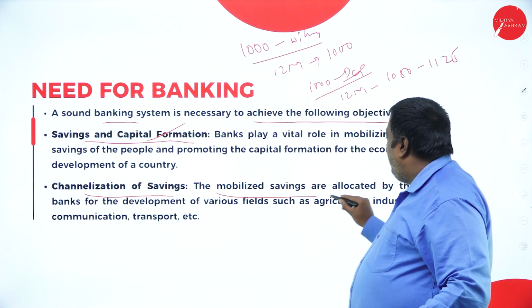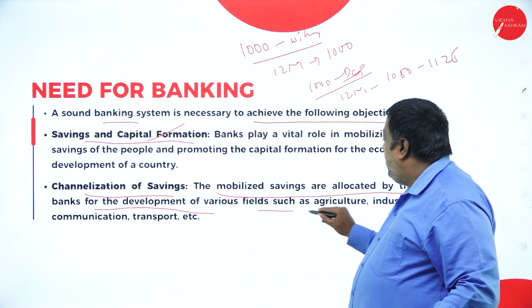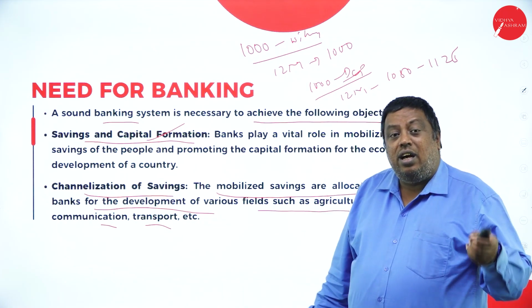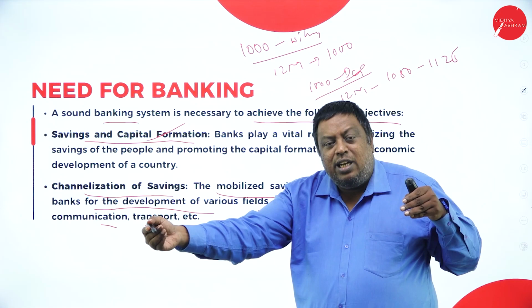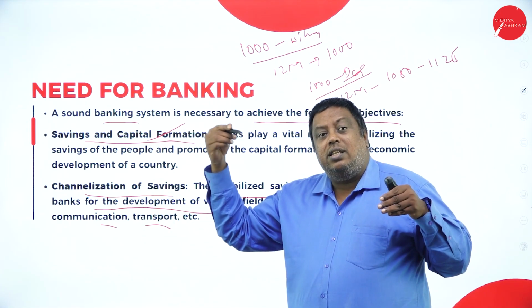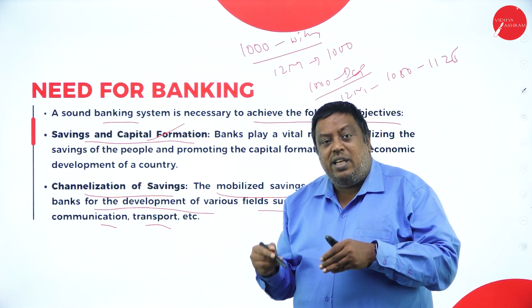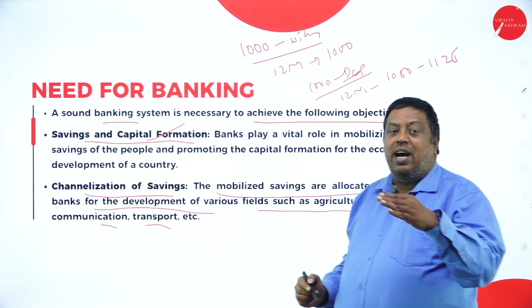Next one, channelization of savings. The mobilized savings are allocated by the banks for the development of various fields such as agriculture, industry, communication, and transport. Already I said, they guided the general public to save money and deposit it in the banks. After getting that money, it has been used for the development of the nation in the area of agriculture.